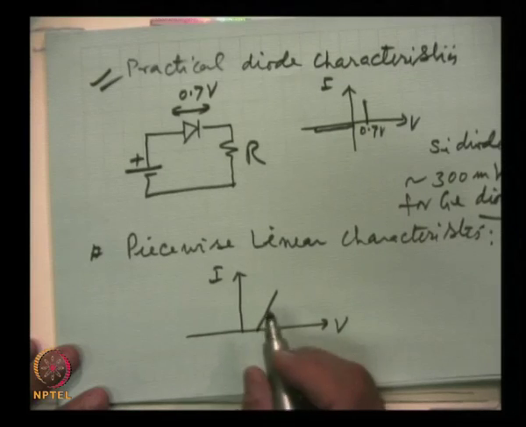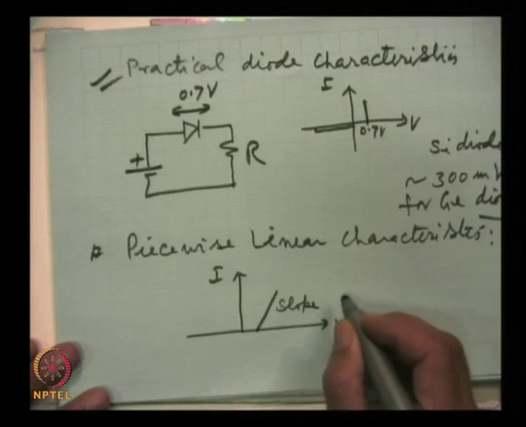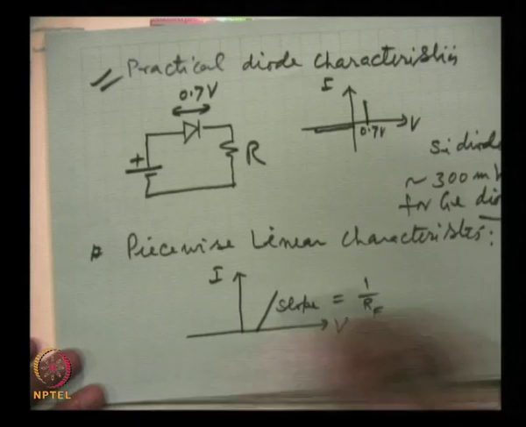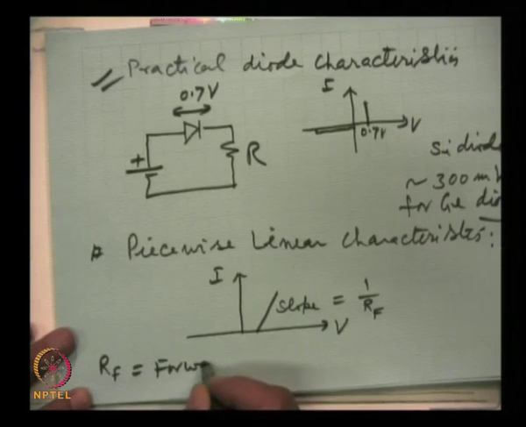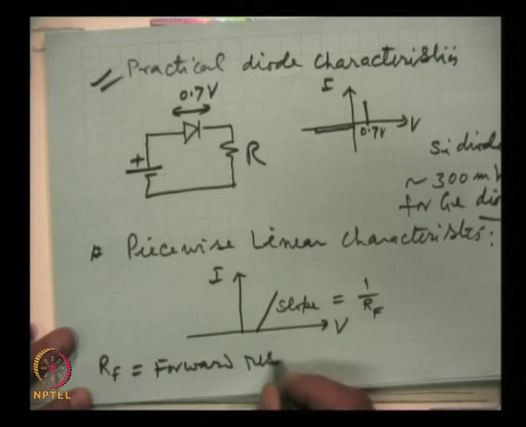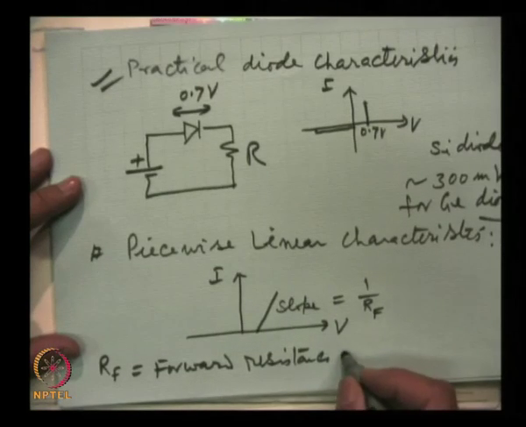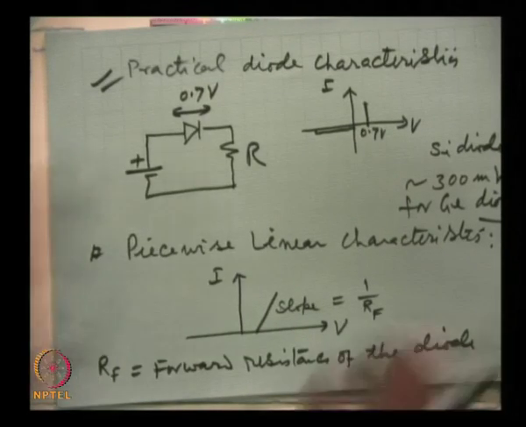So, the forward resistance is also different for different types of diodes, and so the slope is equal to 1 by Rf, where Rf is the forward resistance of the diode, and this is very low, as it was said in the beginning.